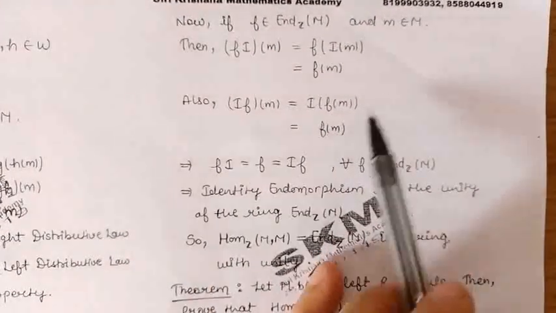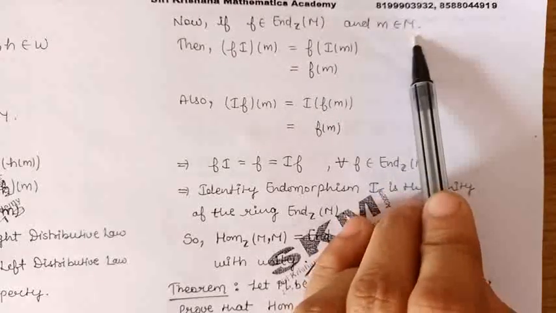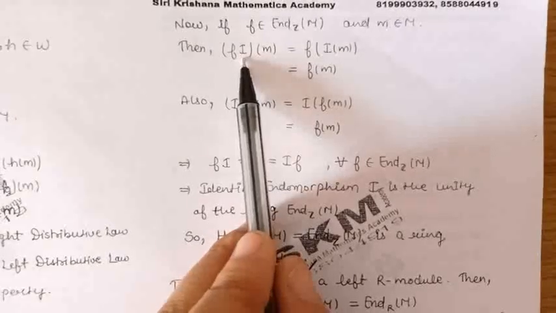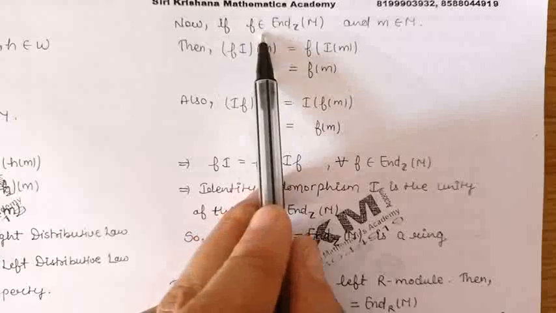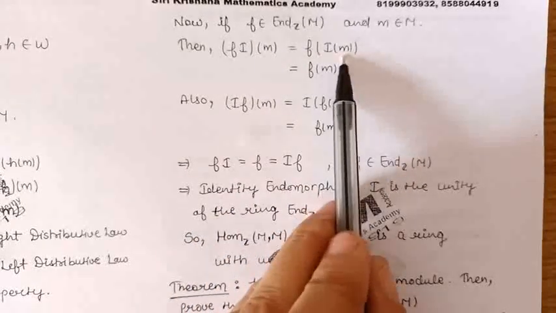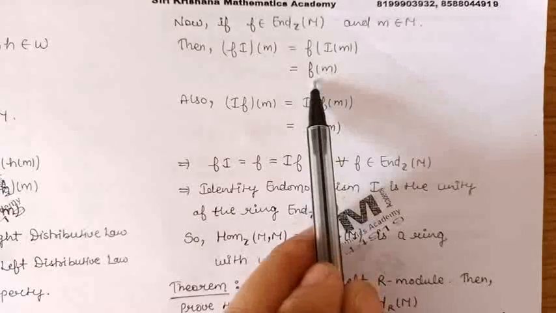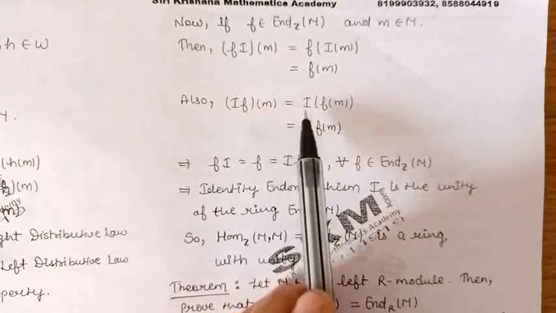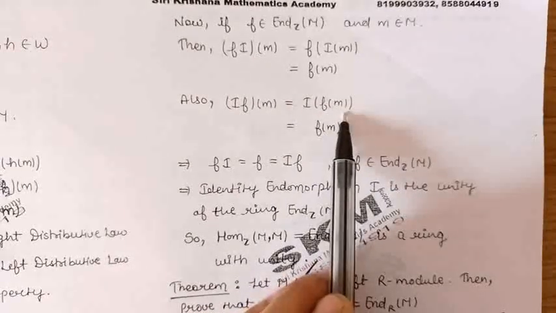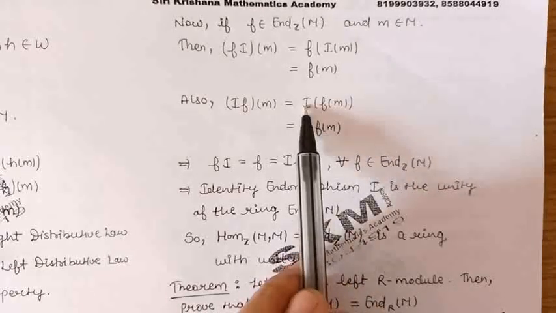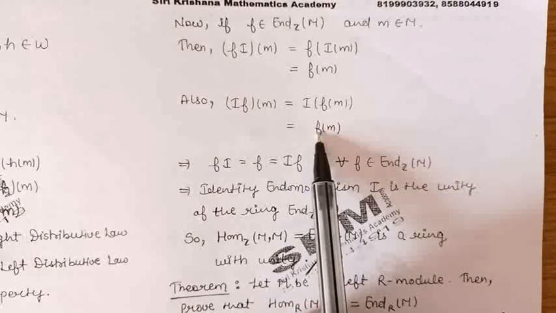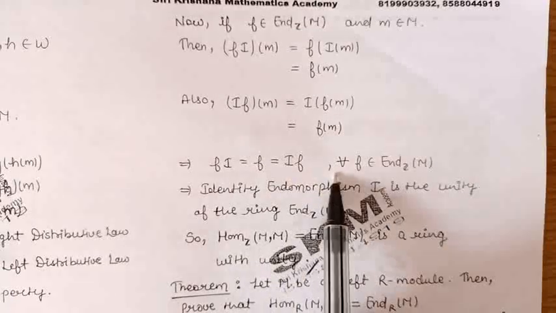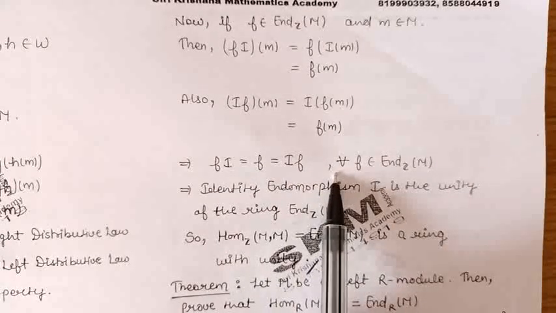So let us take an arbitrary element M belonging to the module M and F belonging to W. Let us find the image of M under F into I. By definition of multiplication in W, this can be written as F of I of M. I of M is M, so this will become image of M under F. And again, if we find the image of M under the mapping IF, this can be written as I of F of M. Again, by definition of I, image of F of M under I will be same as F of M. So this proves that F into I is equal to F, and from here I into F is equal to F. So by definition, we can say that this I is the multiplicative identity.